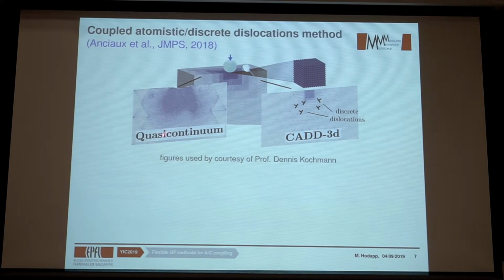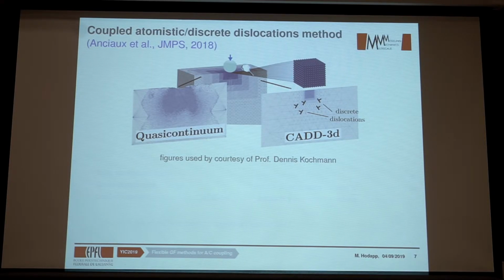Namely, you have to remesh your atomistic region, because you have to keep track of the dislocations. So eventually, if dislocations are present in the entire domain, you end up with essentially a fully atomistic problem, and in the end, you may not gain so much.